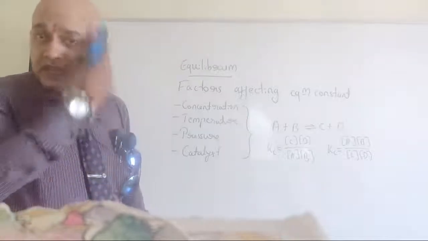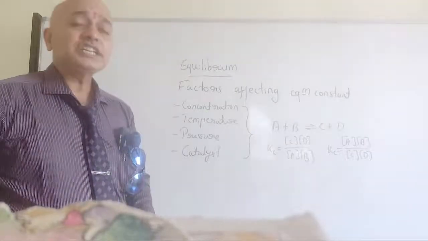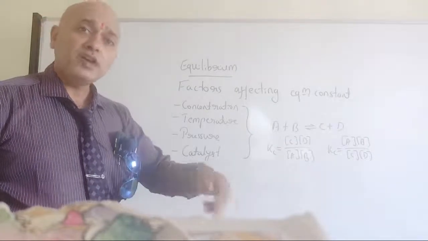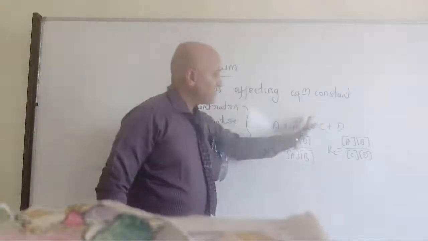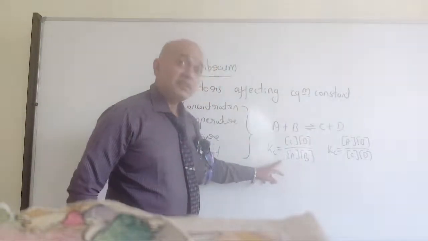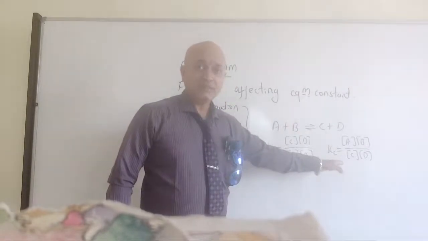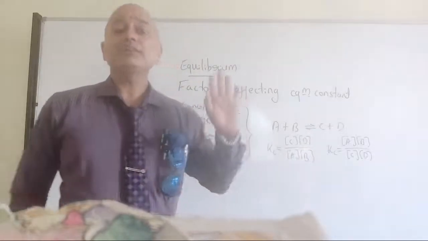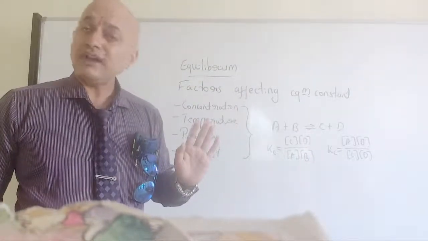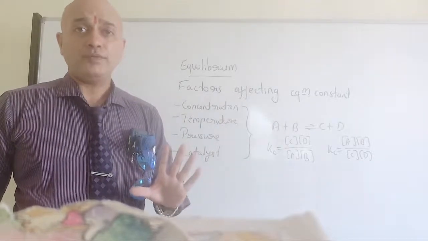So whatever the condition you alter, the reaction will reach equilibrium one way or the other, no doubt. If it is in the forward direction, this will be the equilibrium. If it is in the backward direction, this will be the equilibrium. But in both cases, the reaction has reached equilibrium. Fine? So that is the final conclusion we can draw.